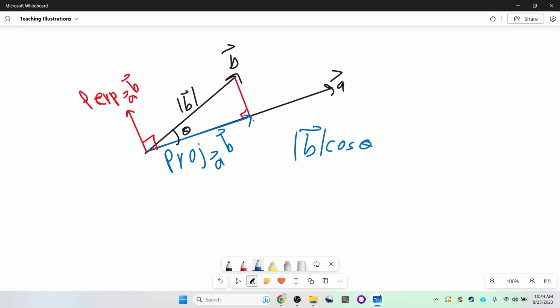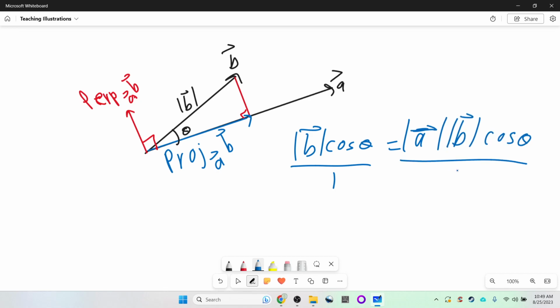That's how long this projected vector is. Now I'm going to do a little algebra trick. I'm going to multiply by the length of A. Remember, any number can be written as over an invisible 1. So I'll do length of A, length of B, cosine theta, over length of A. Hopefully you agree these are the same thing. But that numerator is just A dot B. So A dot B over length of A.